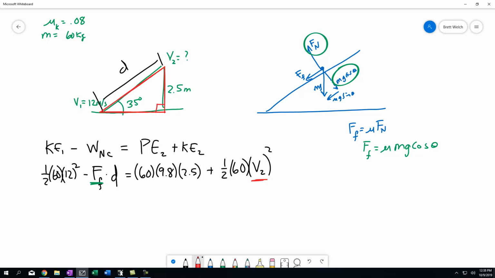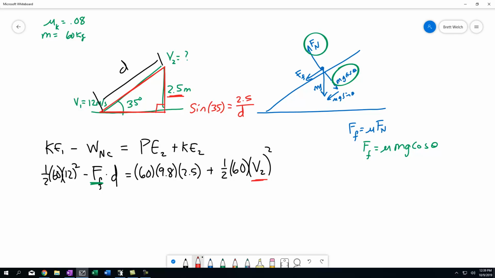We have a 35-degree angle and an opposite side of 2.5. To find the hypotenuse, which would be my distance, I'm going to use sine. So the sine of 35 would equal the opposite 2.5 over the hypotenuse. We'll call it d, because that's the distance that we're going to travel.